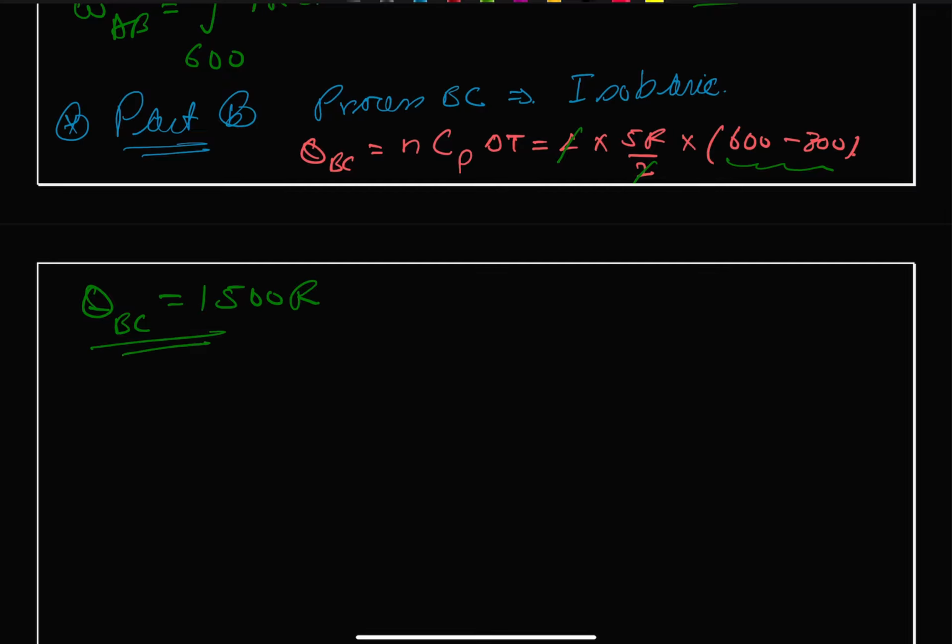Now we come to process CA. In this case the temperature is constant, so we can say this is isothermal. For isothermal, we know that the change in internal energy, delta U, is equal to 0.